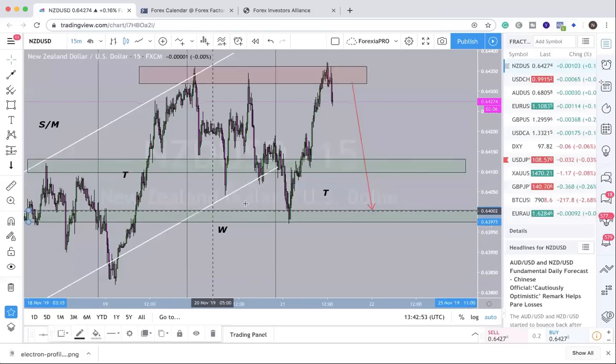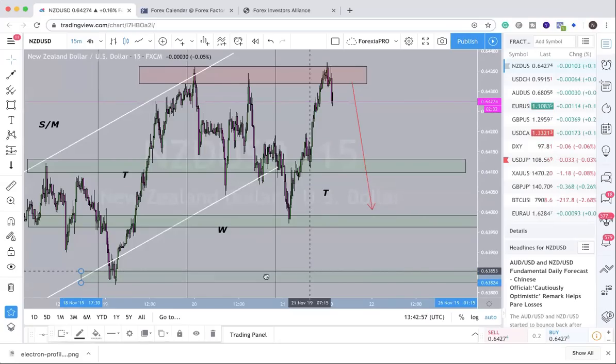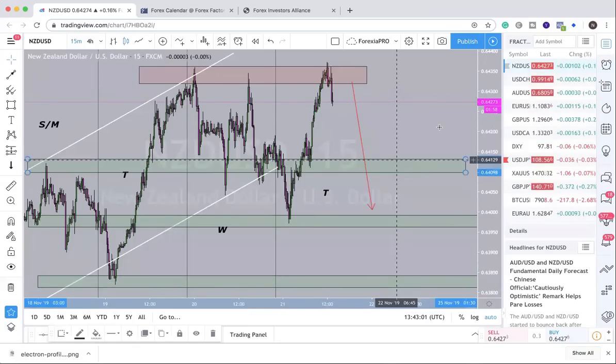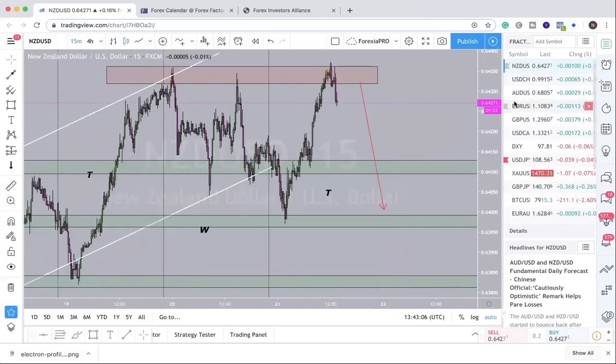So you can even get on NZD/USD if you'd like as well. Keep in mind the risk that you use getting in multiple pairs.